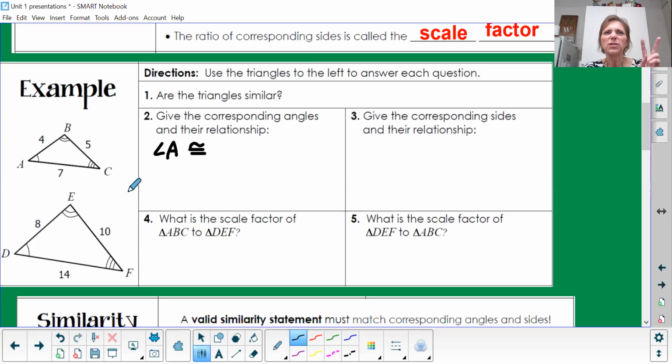It's kind of like saying 2 people that are tall, maybe you wouldn't say they're equal, but they're the same height. So it's just another word that you use, corresponding, to show equal. Okay, now what angle is it in the same place of? Well, if you look right back down here, it's angle D. So we're going to say that A and D correspond and they are congruent or equal.